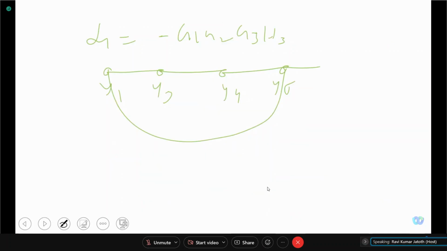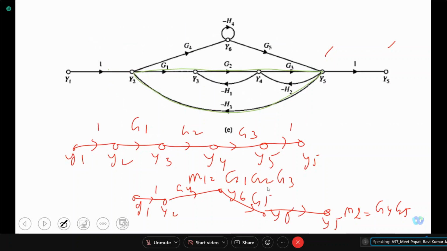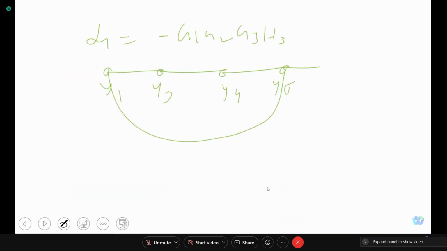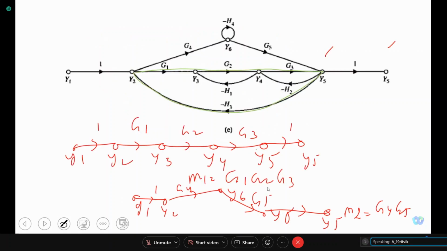Starting from Y2, so it should start with Y2. Correct, no? So G1, G2, G3, and minus H3, right? That's it, no? So one more loop: Y3, Y4, Y3, minus H4, right?